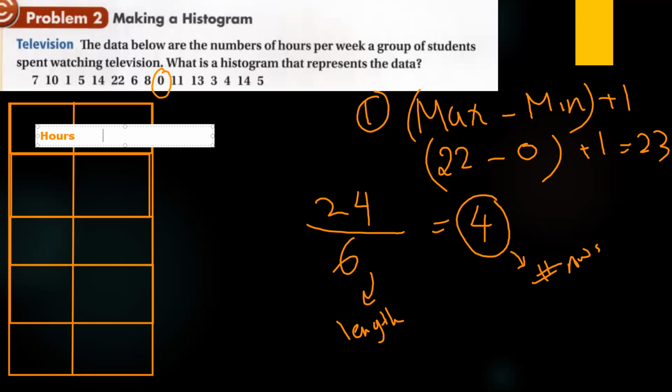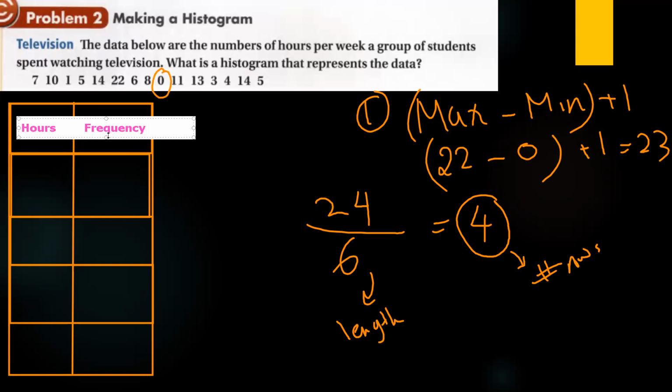And in the second column, we have to write the frequency. So now we have 4 rows and the length of each interval is 6.